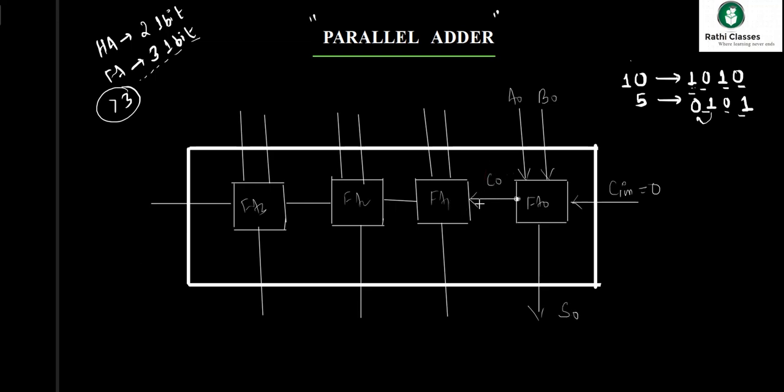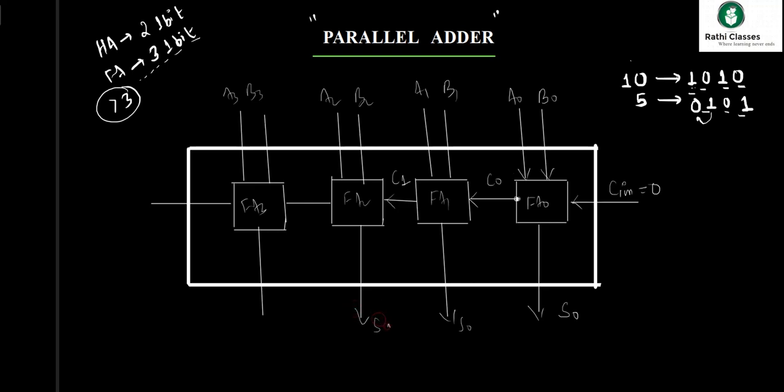C0 will be acting as the third input for FA1. The other two inputs will be A1, B1, similarly A2, B2 and A3, B3. The carry of FA1 will be acting as the third input for FA2. That means the carry output will be acting as the input for the corresponding next full adder.